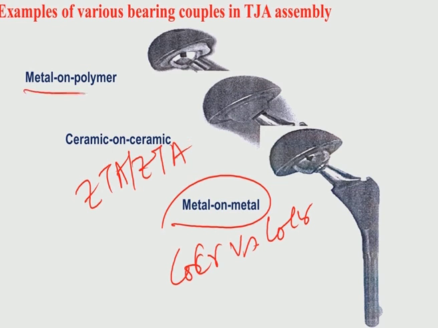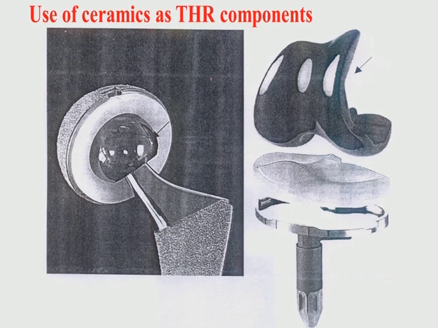With metal and polymer based materials, you can have cobalt chrome versus ultra high molecular weight polyethylene, that is also clinically used, and people have done a lot of hip simulator studies on this kind of materials. Now, this shows hydroxyapatite based coatings, and this is your femoral ball head which is going into the acetabular socket here, and this is a knee replacement. So, knee and hip, you can see that the way the tibial component and femoral component are placed is characteristically different.